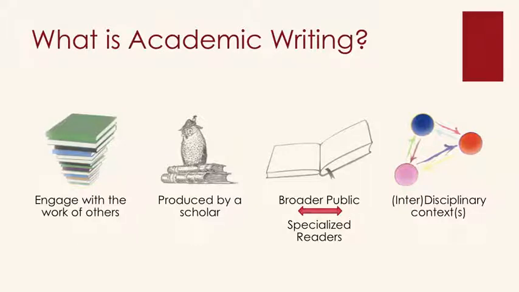You have people who think about the humanities, and people who think about social sciences, and people who think about natural sciences, and people who think about education, law, medicine, all those different domains. And so academic writing, I think, takes into account the relevance and importance of domains in creating knowledge.